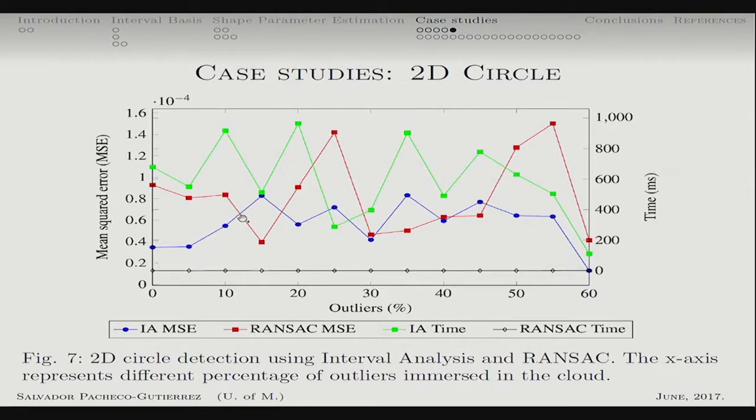So as you can see, the mean square error is pretty much very good with the intervals. Actually, as you can see, the more outliers we have, we go very well with the outliers in our technique. The only thing is that yes, interval methods, as mentioned earlier yesterday, take longer to converge. In this case, RANSAC is way faster. Okay.